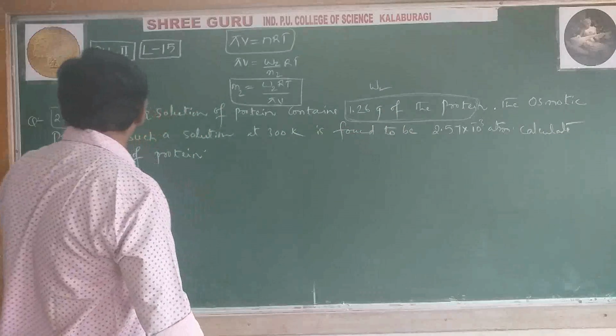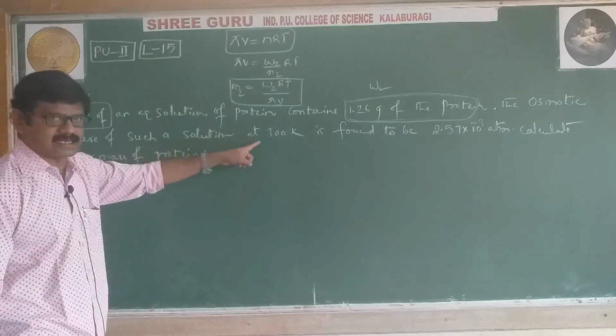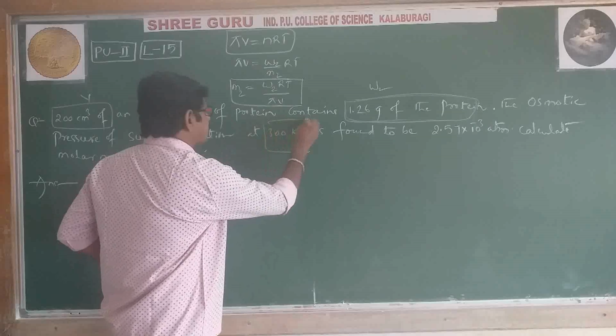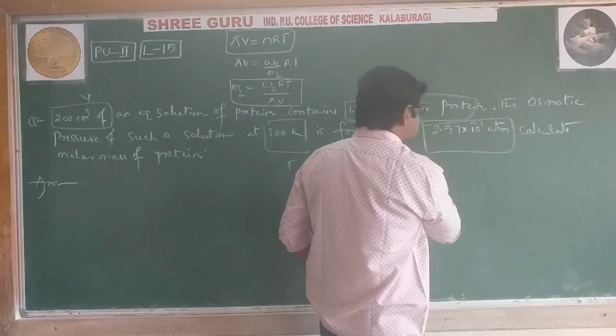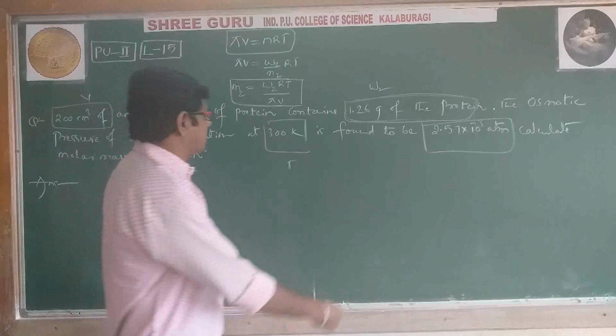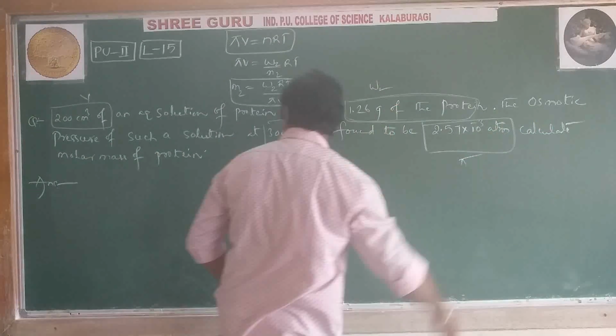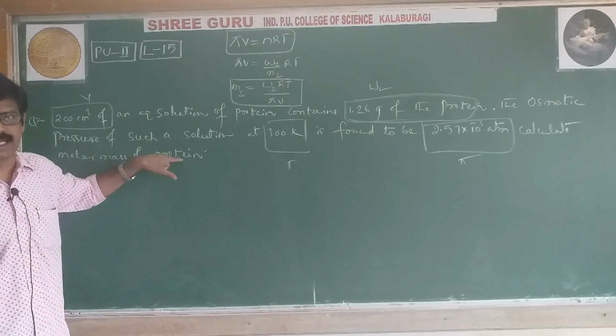The osmotic pressure of such a solution at 300 kelvins is given, the pi value is also given, and we are asked to calculate the molar mass of protein.